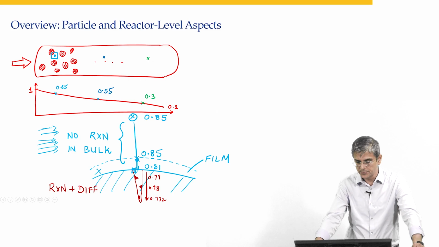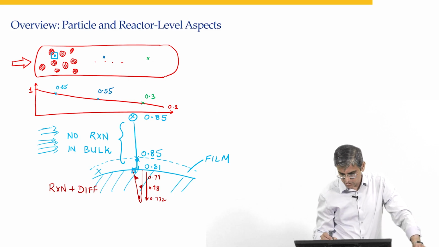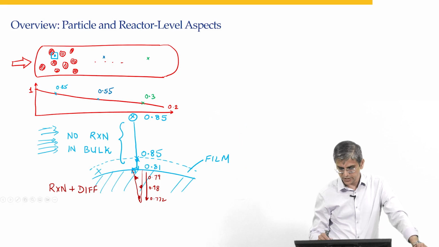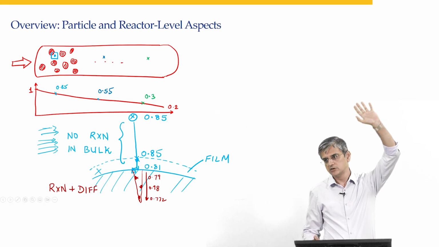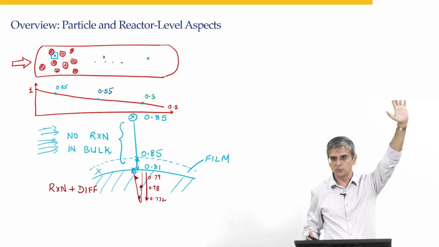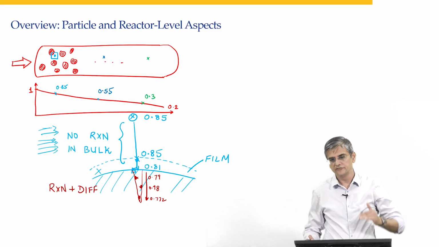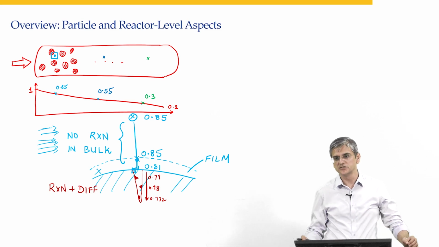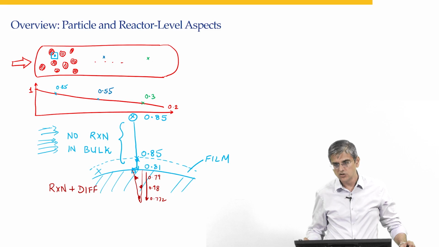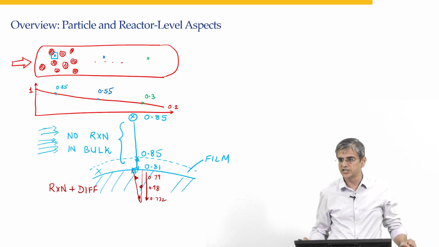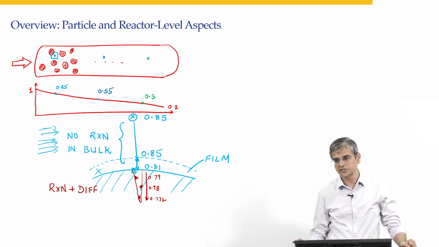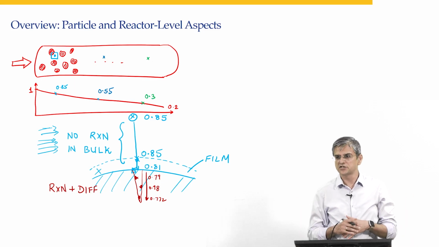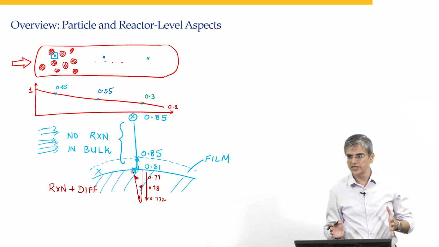I am going to ask you to recall this particular picture. We have some concentration 0.85 in the bulk phase, we have some concentration 0.81 on the surface of the catalyst. The reason why it is 0.81 is because there is reaction taking place. And again, I am using the term reaction in an extremely broad way.